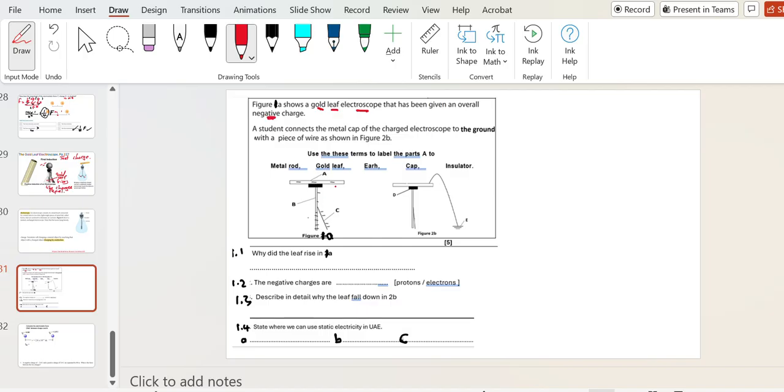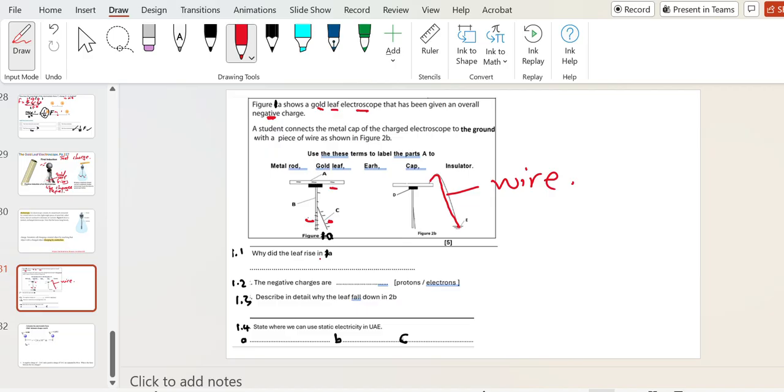So the gold leaf is charged minus. A student connects the metal cap of the charged electroscope to the ground with a piece of wire. So he now connects with a wire here. Remember, a wire is a conductor. It allows charges to move.